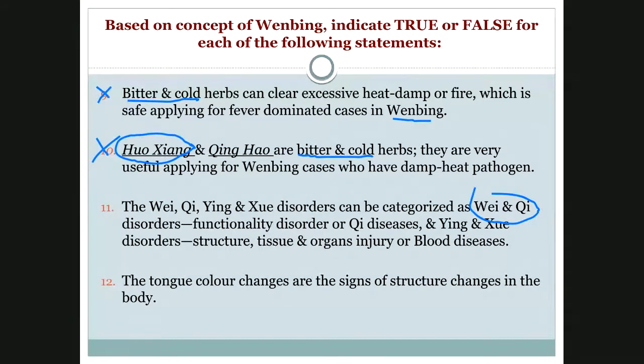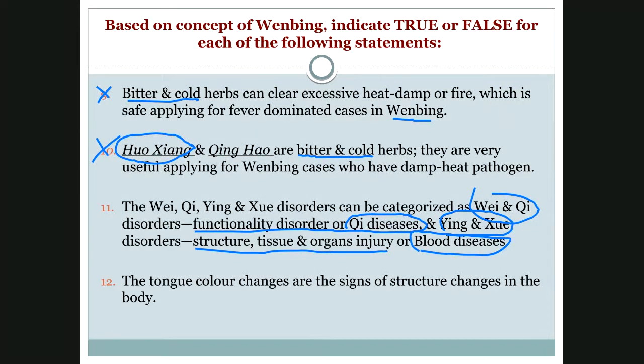That means no structural changes and just Qi activity has been disturbed. Second is Ying and Xue disorders, correlated with structure, tissue, or organ injuries, or called blood disease. So that means dividing these four levels into two categories.